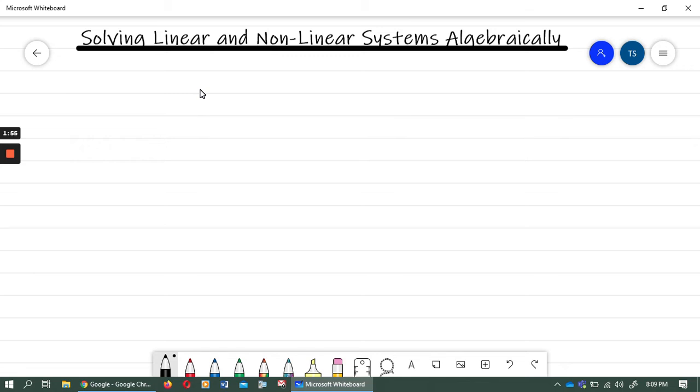There are two different ways that you will see linear equations written in these systems, and that's what we're going to start off by talking about.